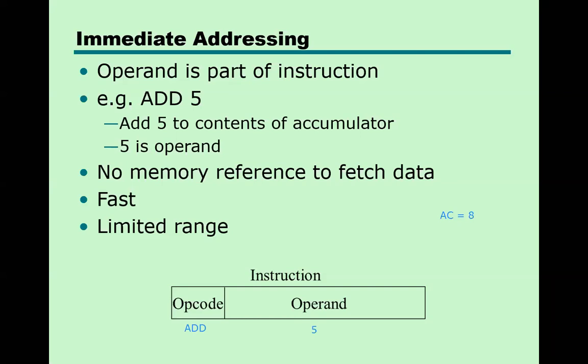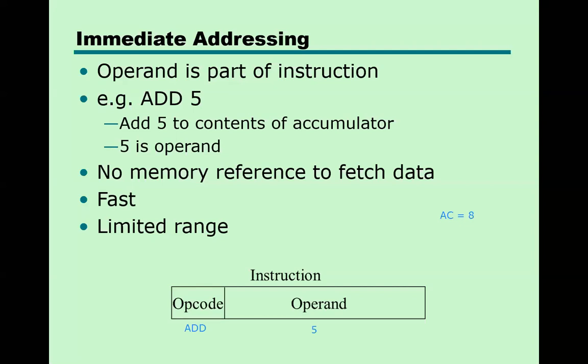Because whatever size of address field is provided in the instruction, only that much size is available to store your number. This is a restriction. You cannot store a number beyond whatever size is available for the operand in the instruction.